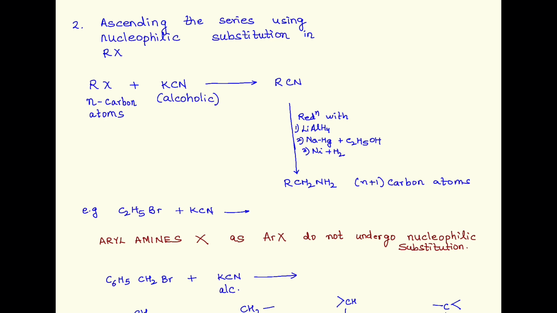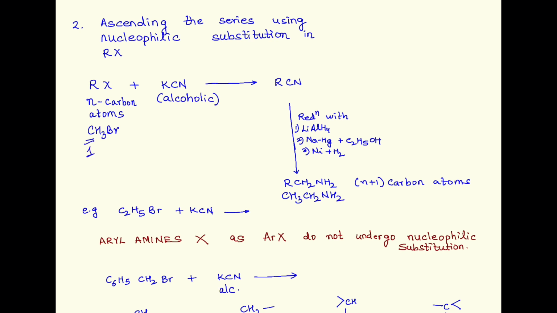The next method of preparation is very, very interesting, and I'm going to convert a haloalkane to an amine, but look at the number of carbon atoms. So I've got, let's say, n carbon atoms over here. In other words, let me say that I start with something like CH3Br. But look at the product. I'm forming CH3CH2NH2.